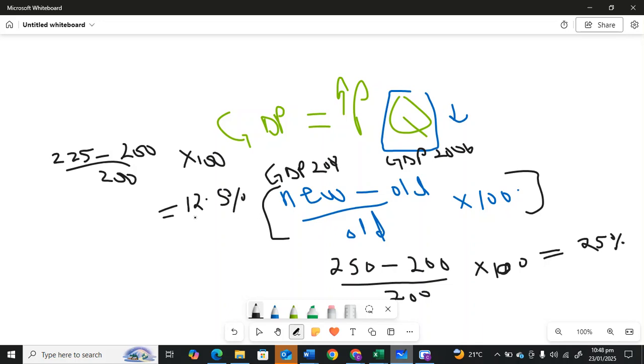So in actuality, our GDP grew by 12.5%, not 25%, but by 12.5%.